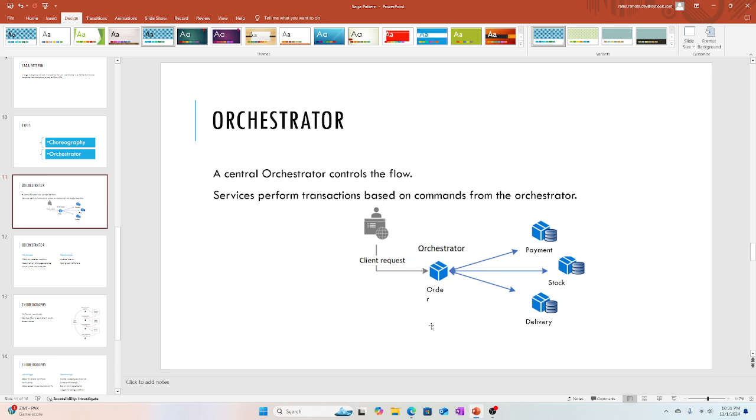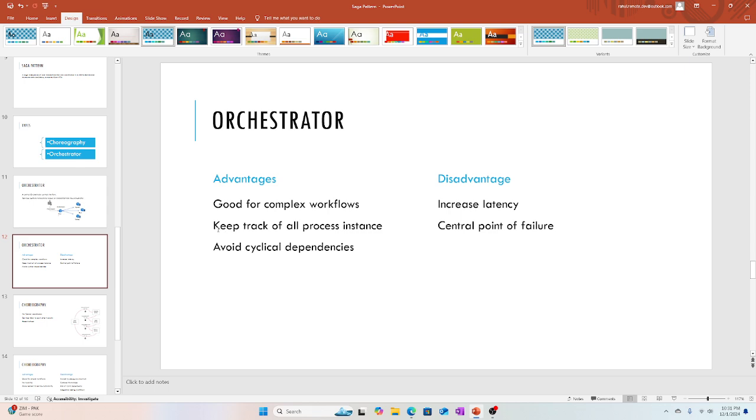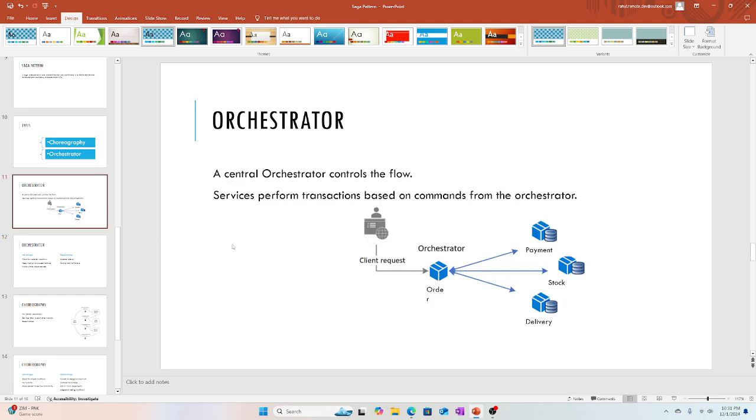No need to worry about how the other services maintain these things. All of the tracking, all of the instances, all of the processes can be handled by the single service, and there is no cyclic dependency, as a single service orchestrates the other services.